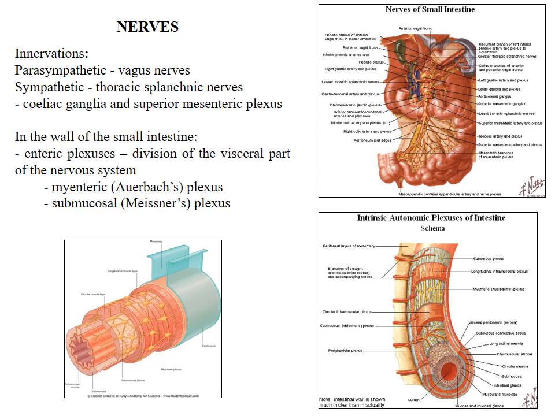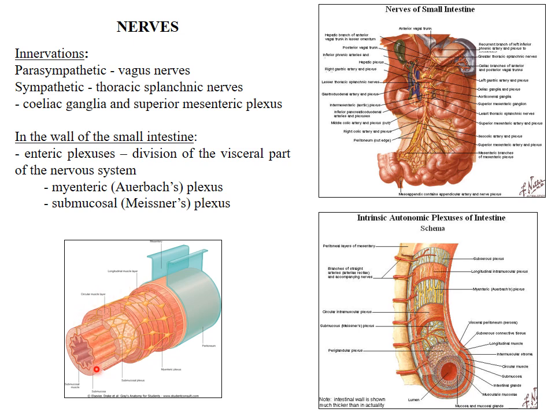Innervation. Parasympathetic innervation of the small intestine is from the vagus nerve, and sympathetic innervation is from the celiac plexus and celiac ganglia, and the superior mesenteric plexus. The celiac plexus receives thoracic splanchnic nerves and gives rise to the superior mesenteric plexus for the small intestine.